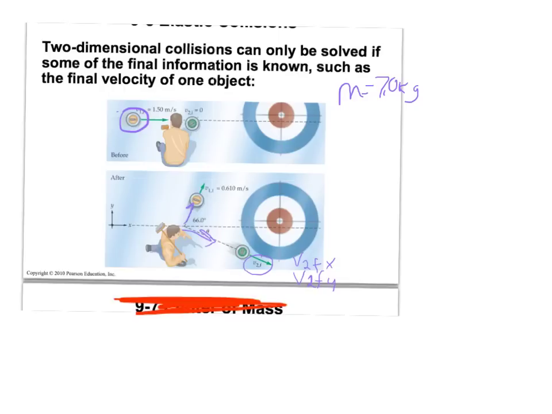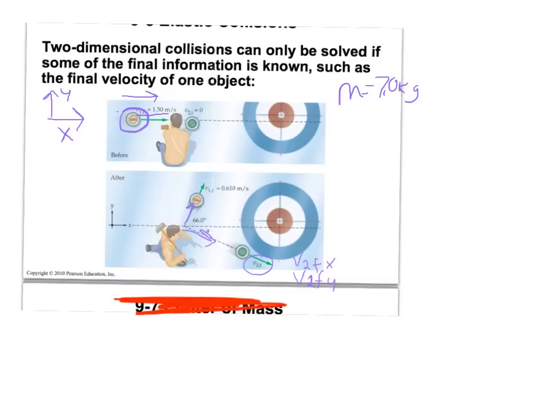Okay, so now I've got the velocity of the first object and its mass. So if I wanted to, I could find its initial momentum, I could find its initial kinetic energy. Notice that this velocity is pretty clearly in x, and let's go ahead and declare a coordinate system, y and x.